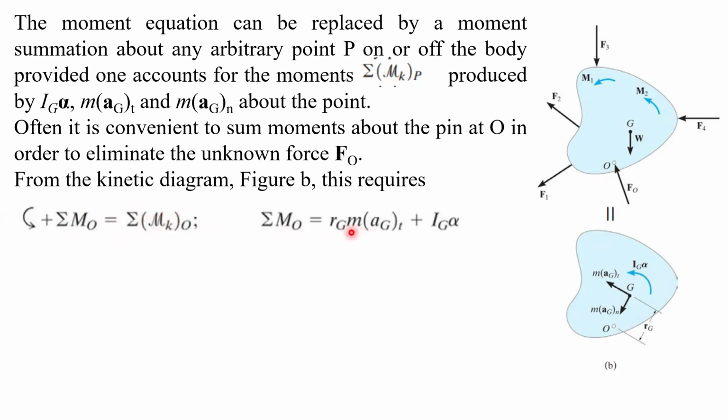This will give us rG m aGt, that is the tangential moment, plus Ig alpha.